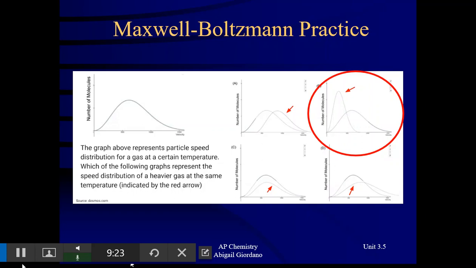Because it's a heavier gas, it's going to, on average, be moving at a slower speed, so the peak needs to be more to the left, and it's going to be a higher peak. It's going to be thinned out a little bit. Remember, the area under the curve needs to be equal in both situations.